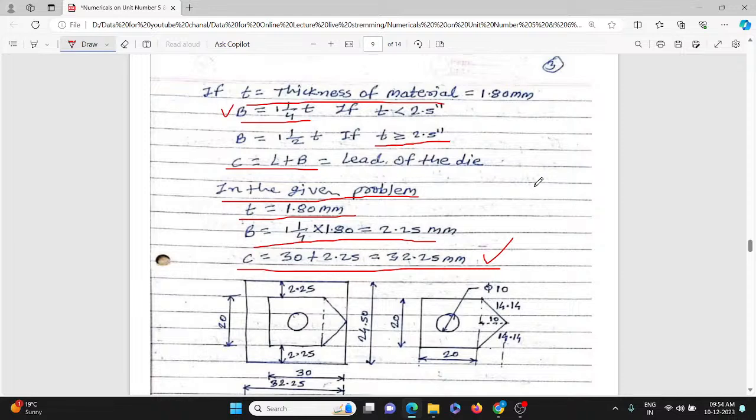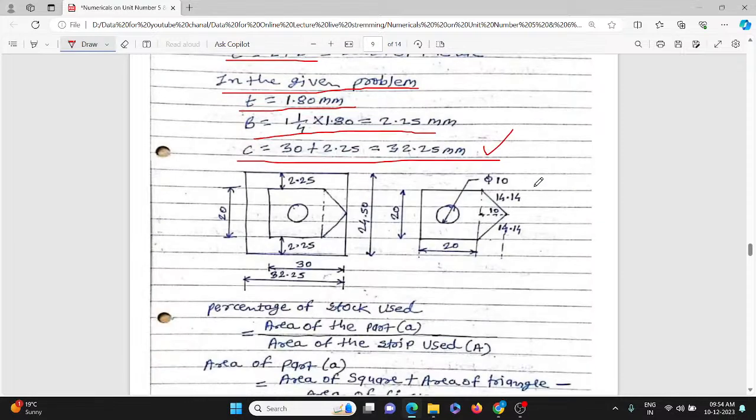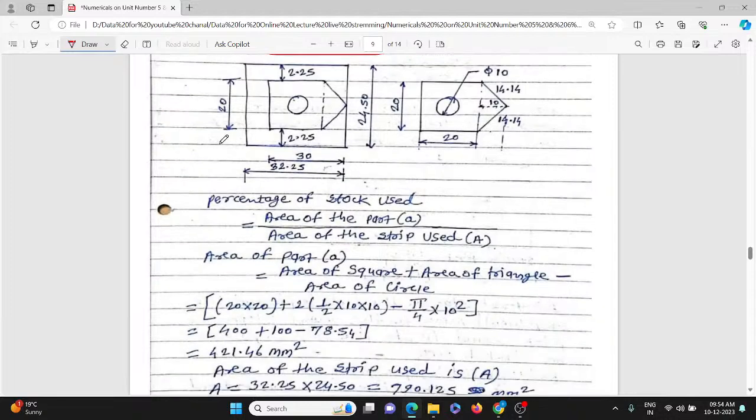So whatever dimensions you have calculated in the scrap strip layout are mentioned over here. This 30 is given in the numerical, this 20 is also given in the numerical. What you have calculated is this one, that is B, and this one, that is C. From this you have to calculate the percentage of stock which is going to be used.